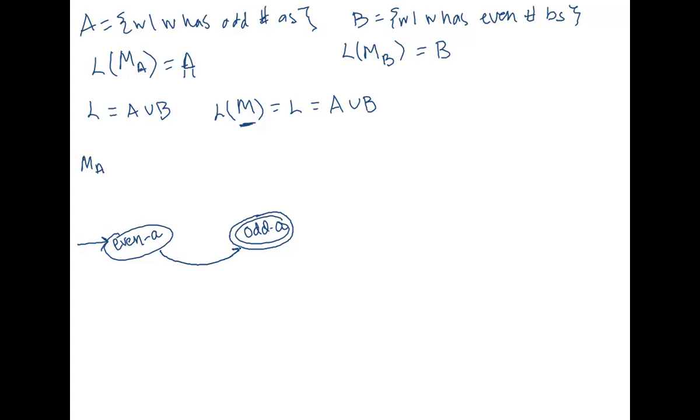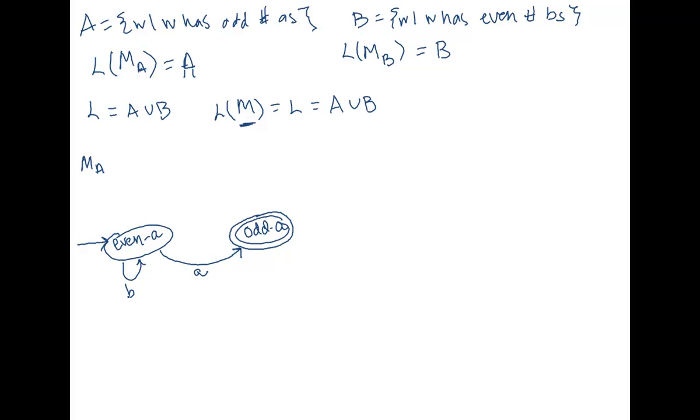Right? No matter how many A's I've seen, whether it's 0, 2, 4, or 6, if I see one extra A, I'm going to have an odd number of A's. Whereas if I'm in state even A and I see a B, I haven't changed my number of A's, so I'm just going to stay there. Alright, so that's 2 transitions, one on each symbol for that state, so I'm done with that state.